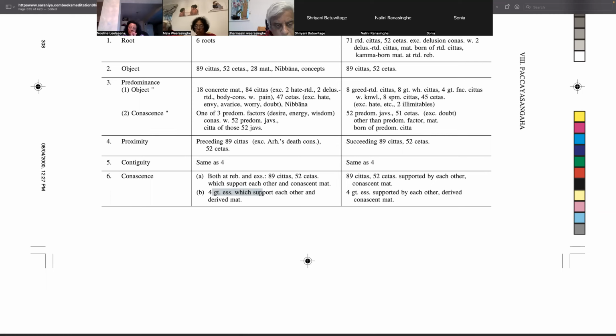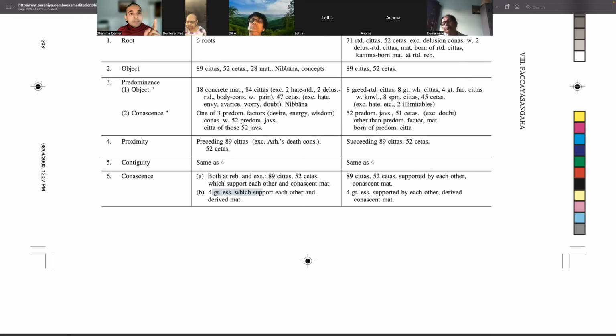Does that make sense? Now, according to Atthipaccaya, does that example make sense to everyone? If you take any of the derived matters, the Mahabhutas, Pathavi, Apo, Tejo, Vayo, have to be present. They have to arise together first of all with the derived matter, supporting it, and allowing it to arise and persist as well.